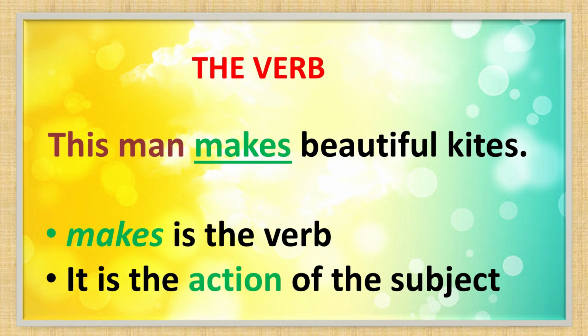Here the first sentence, this man makes kites. Here the verb is makes, and it indicates the action. What is the action? Making something, doing something, making kites, and here making is the action that is performed by the subject of the sentence.